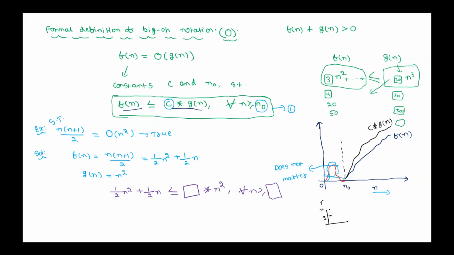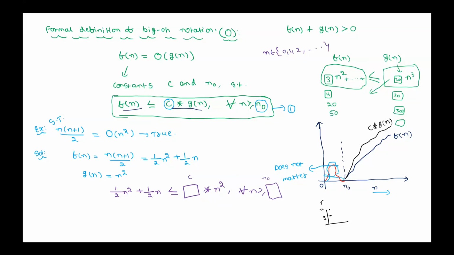Now you tell me, n is input size. What are the values n takes? We know that it is 0, 1, 2, 3 like this. Now what is the value that I need to choose for C? This is the C value. This is n naught. So that this inequality holds.